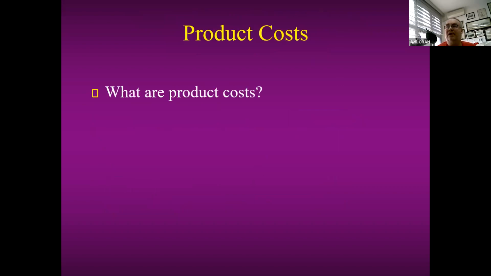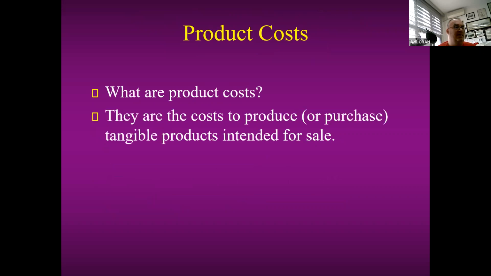So what are product costs? Okay, so the cost to produce or purchase. Product costs were easy for merchandisers, where you were buying goods ready to sell. In that case, it was basically how much did you pay for it? And you might also add on how much did you pay to get it ready for its intended use, to get it to your factory and stuff like this.